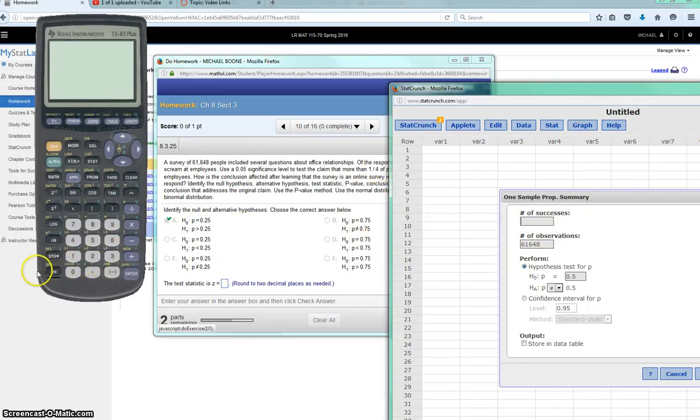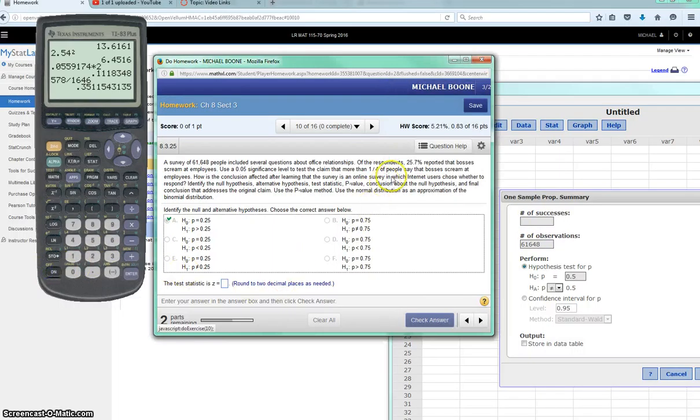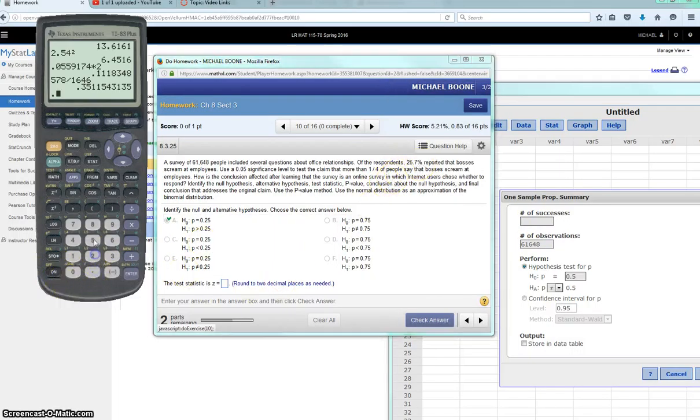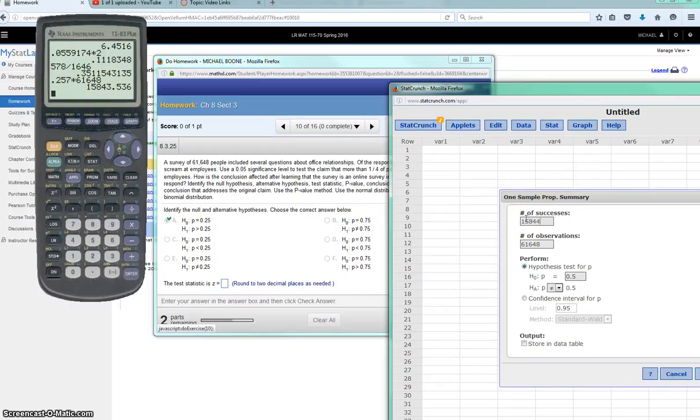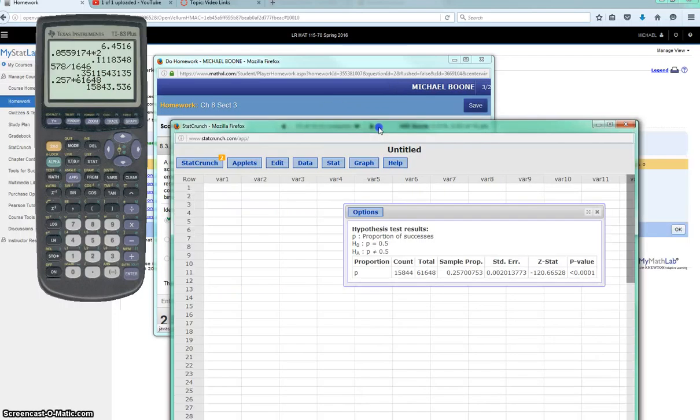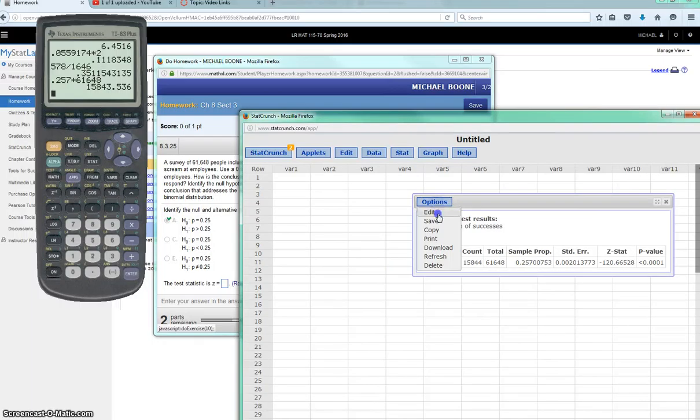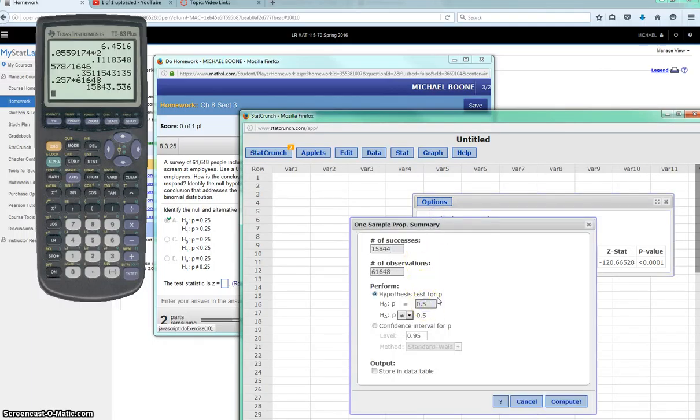But I could figure that out because I know that I have 25.7% of the 61,648. So roughly we'll go 15,844. And my p was 0.25, and then my alternative was that I was greater than 0.25.